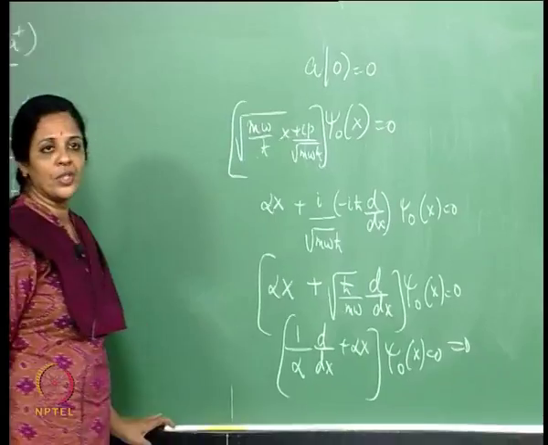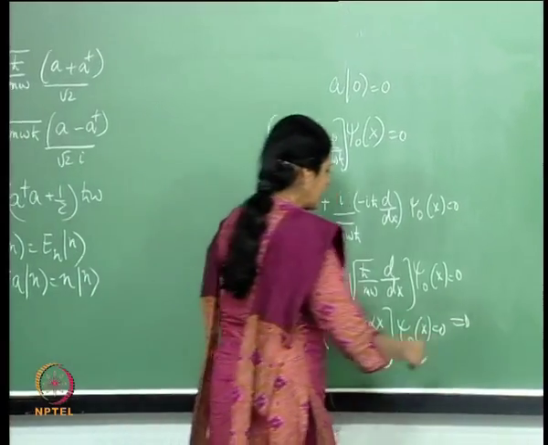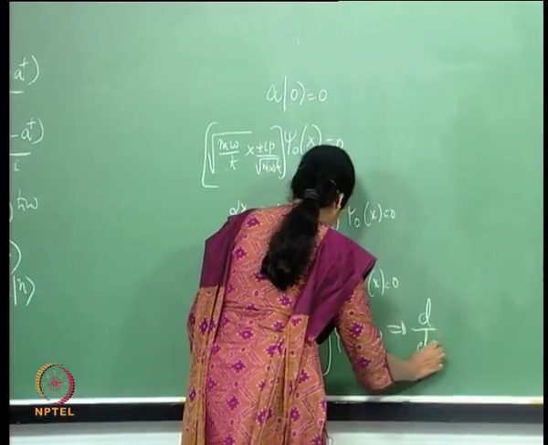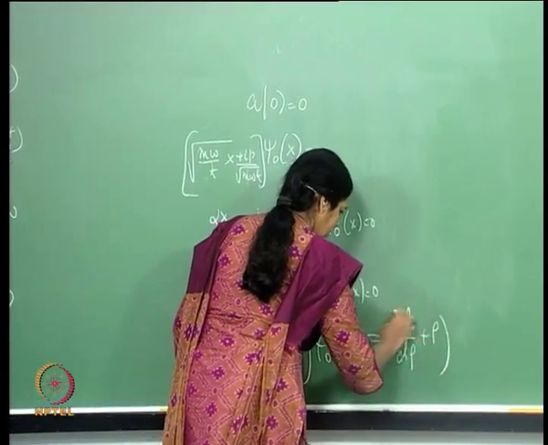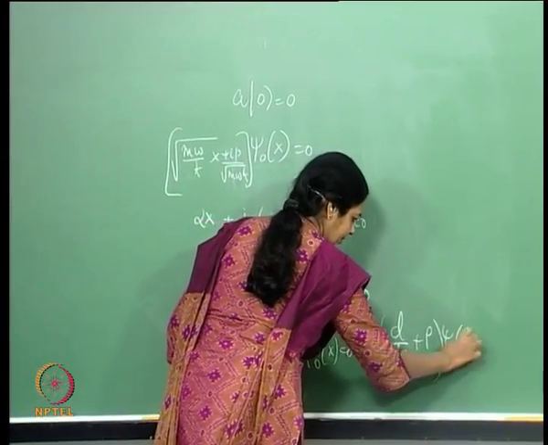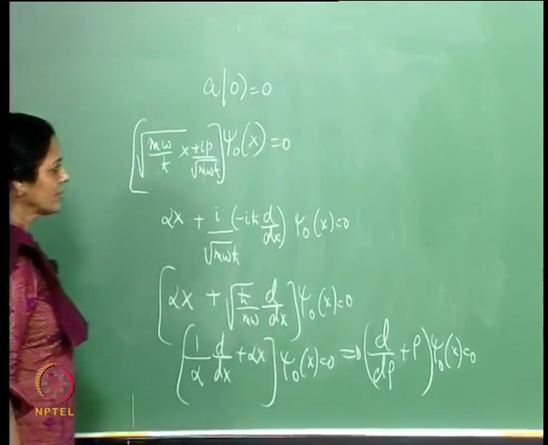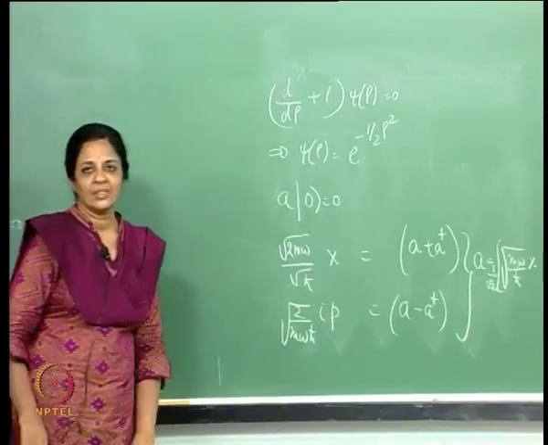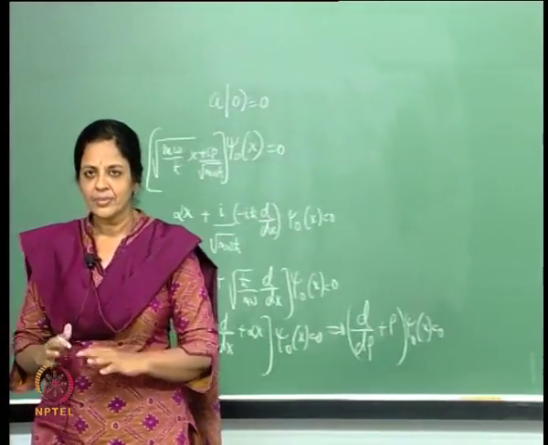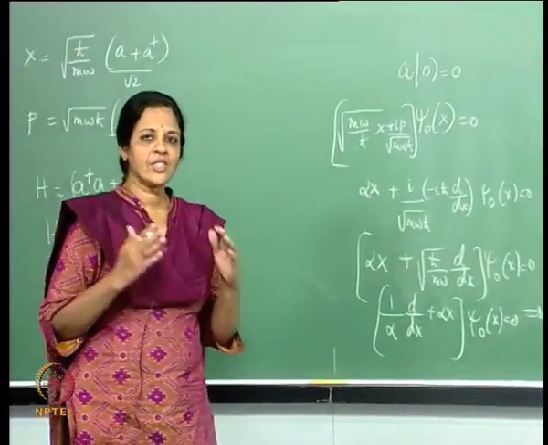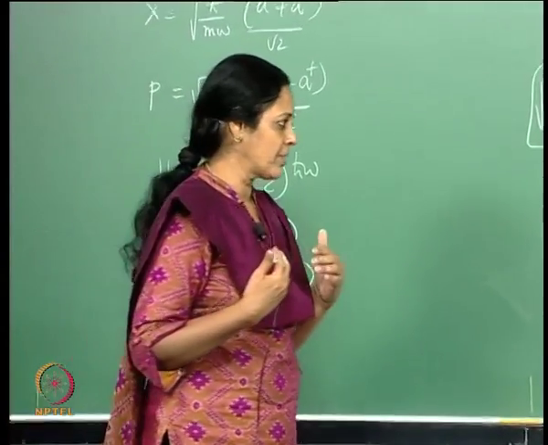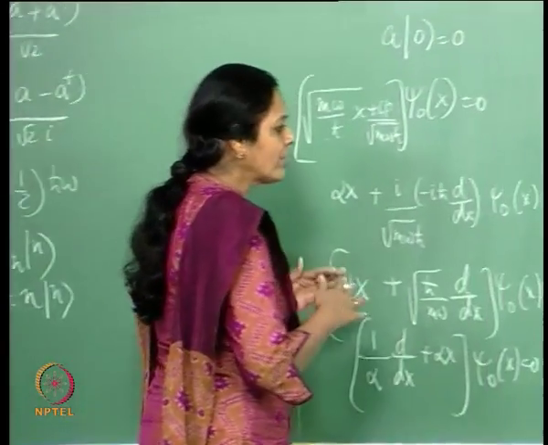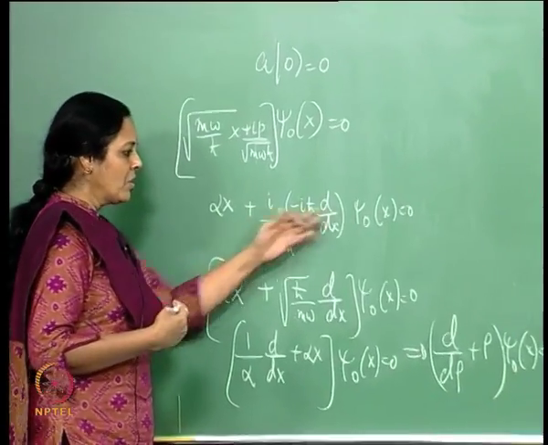In terms of rho, which is alpha x, that is simply d by d rho plus rho, psi 0 of x equals 0, which is exactly what I have here. So it is good to draw a parallel and understand how exactly the abstract operator method, when written in the position representation, will give me this.